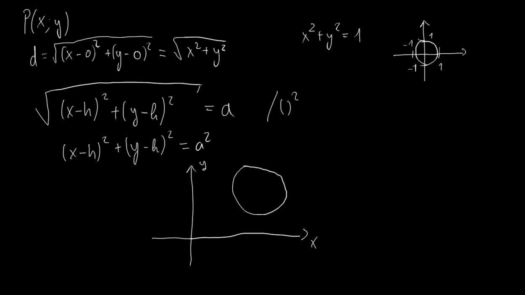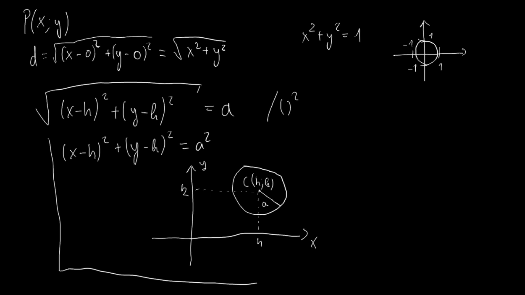Another Cartesian coordinate system, and this here is a circle with the center (h, k) and a radius of a. So this is the circle with this equation. This is how it looks. Actually, you can easily prove it with the Pythagorean theorem.